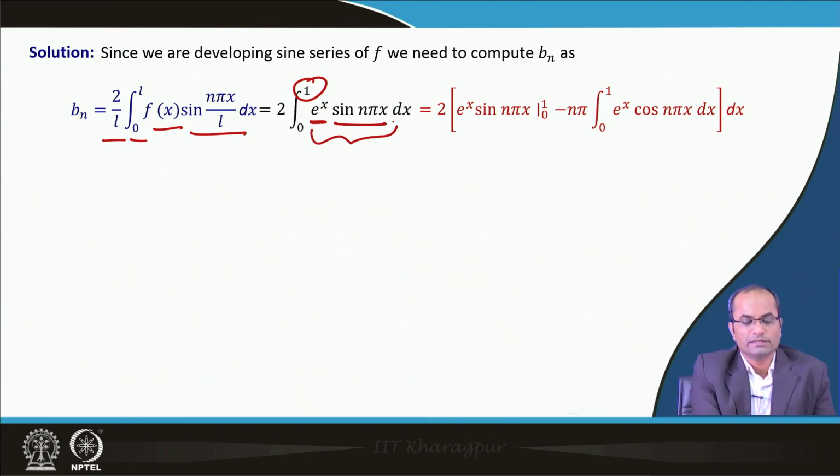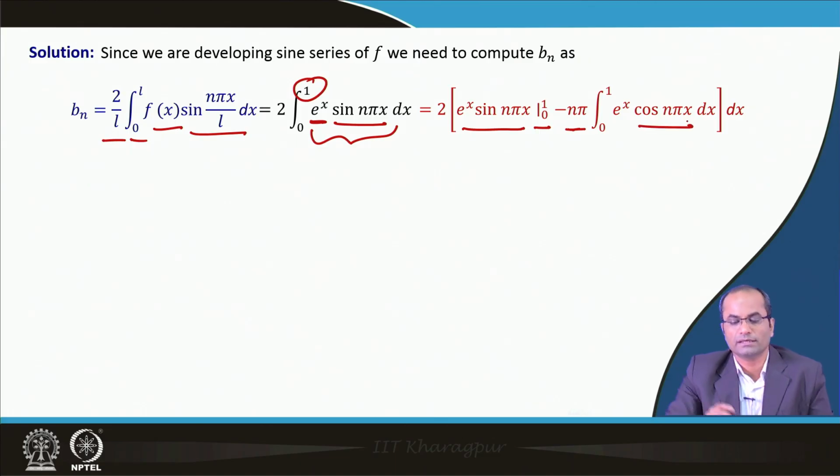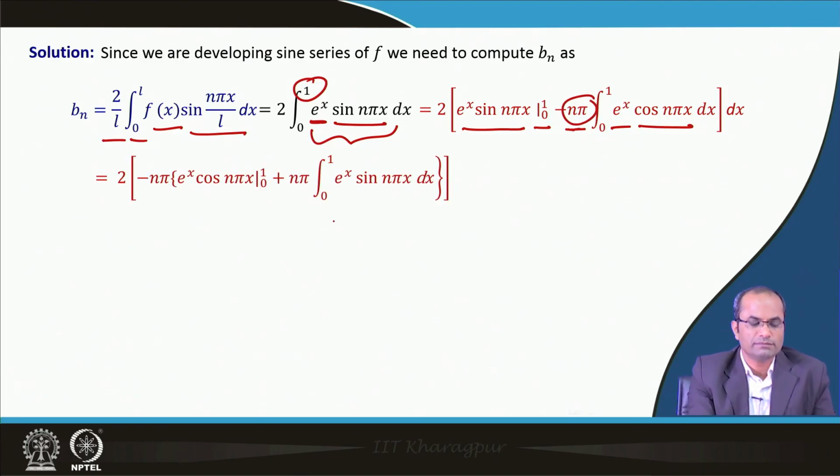So, this we can integrate by parts. So, we have e power x sine n pi x from 0 to 1, and then this sine has become cosine, and e power x will remain e power x when integrated. So, this n pi factor has come now, and then we can simplify this.